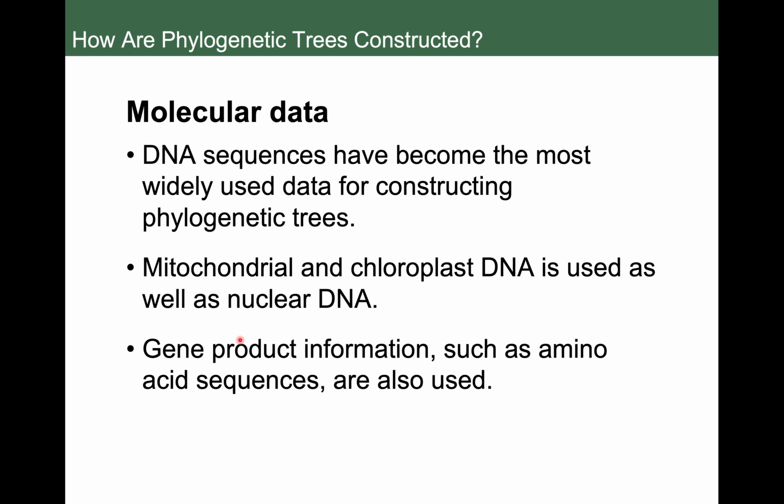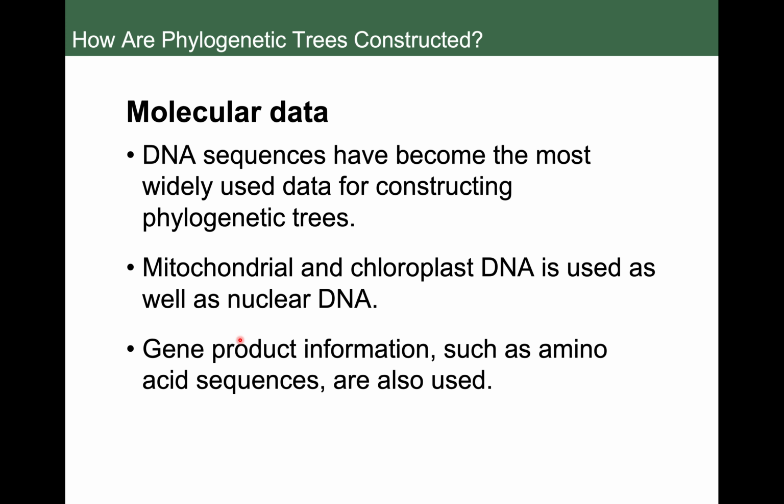And really now the most modern and one of the more commonly used types of data these days is what we'd call molecular data, being primarily DNA sequences or the amino acid sequences of proteins. And that makes a lot of sense, right?